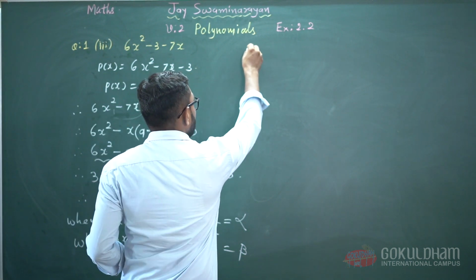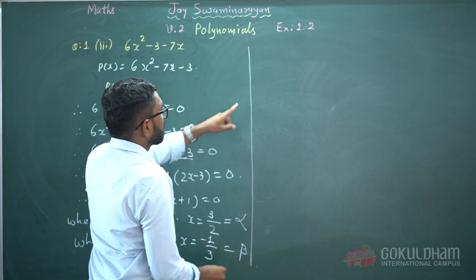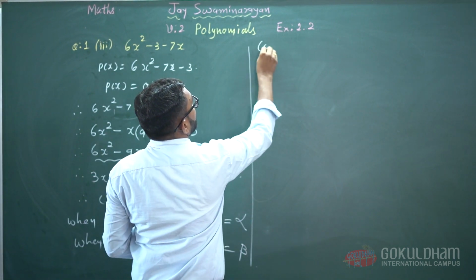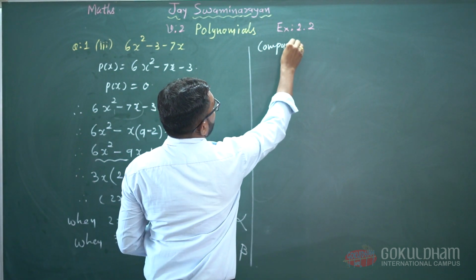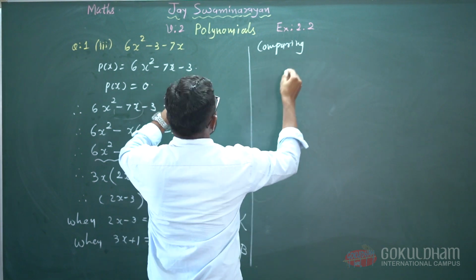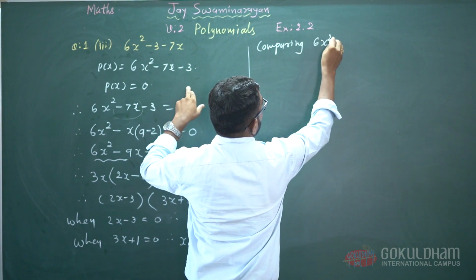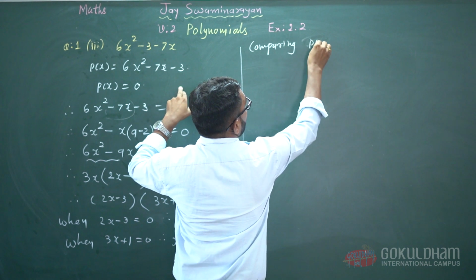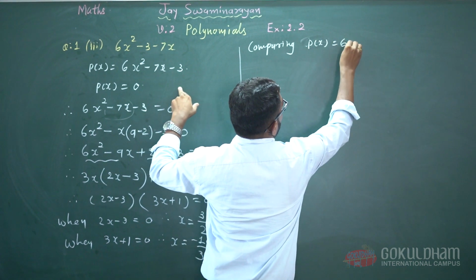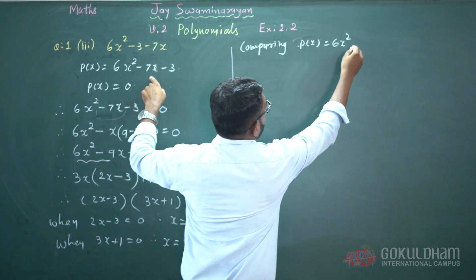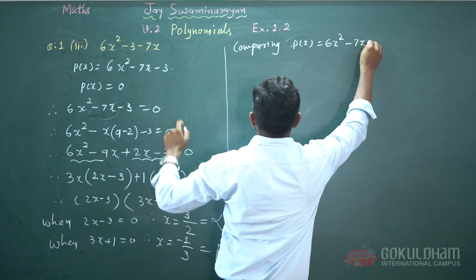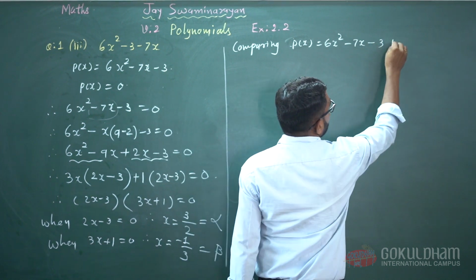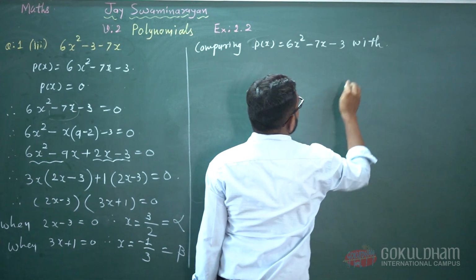Here, comparing the equation 6x square minus 7x minus 3, in the form of p of x, with our general equation.